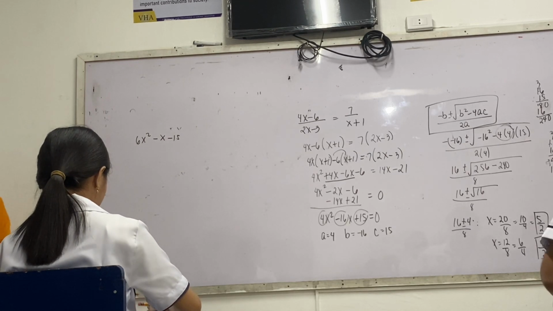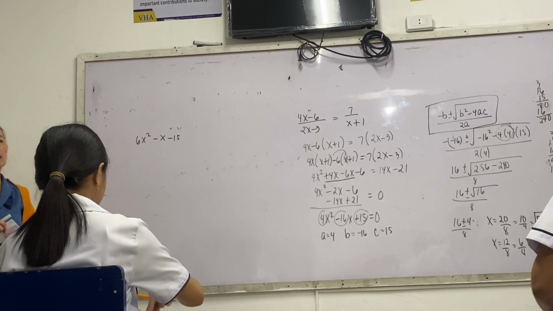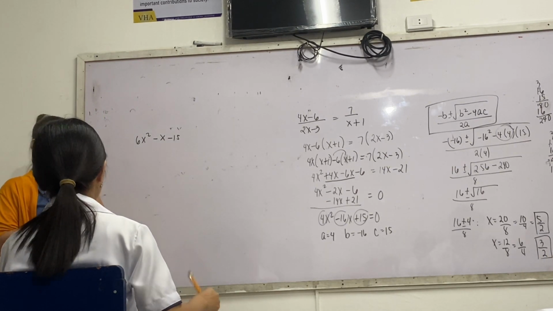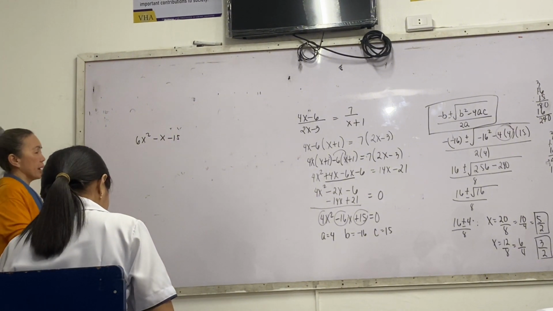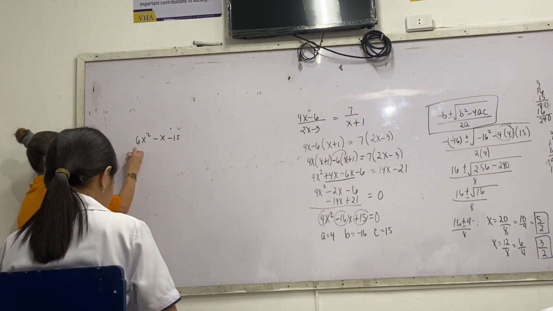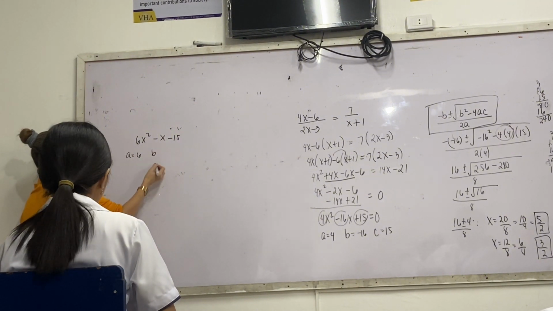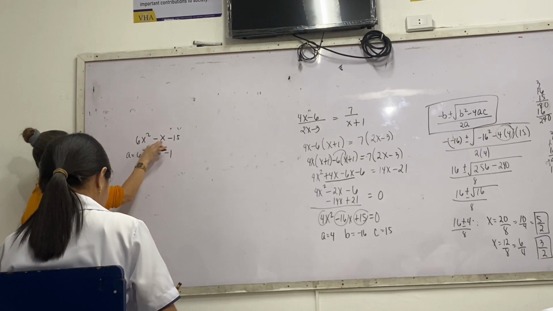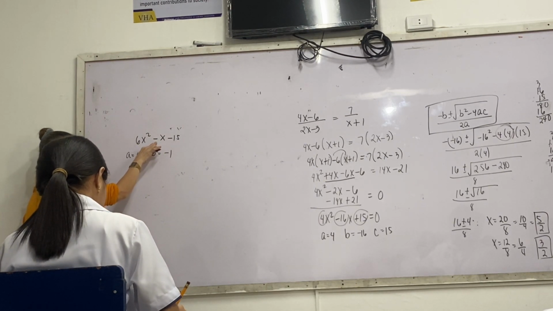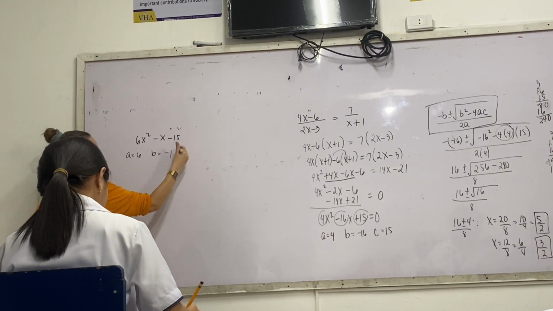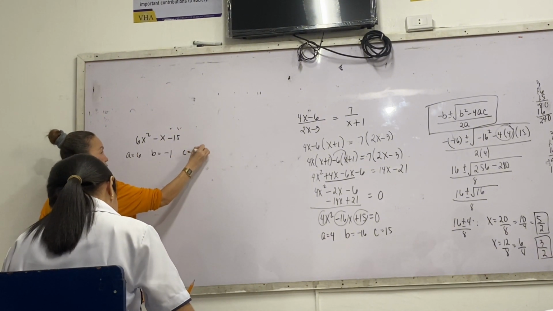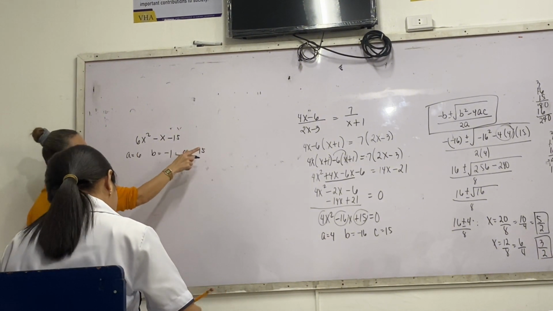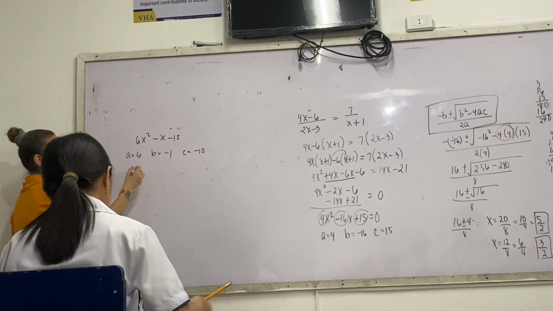Our B is the numerical coefficient of x, and our C will be the constant. So what will be our A? 6. What will be our B? Negative 1. We follow the preceding sign. And then what is our C? Negative 15.